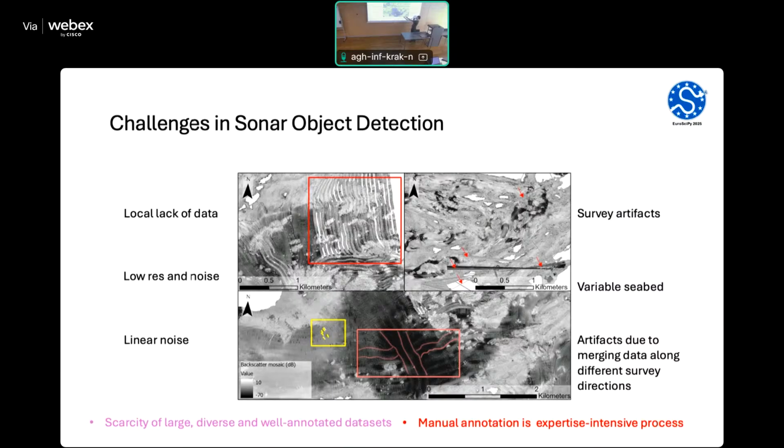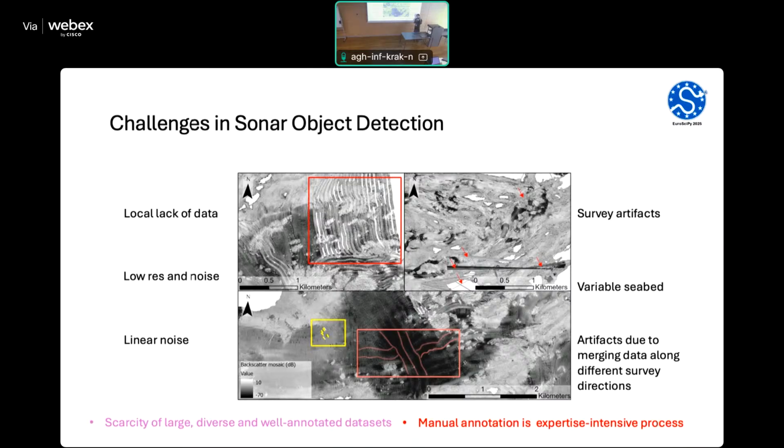You may have some linear noise due to acquisition artifacts. You might have survey artifacts like here. You have variable seabed. You might have clean sandy seabed like a beach, and somewhere you might have gravel beds. And then you have artifacts due to merging data along different survey lines. So you do survey across different lines and you merge them, and you see a lot of problems.